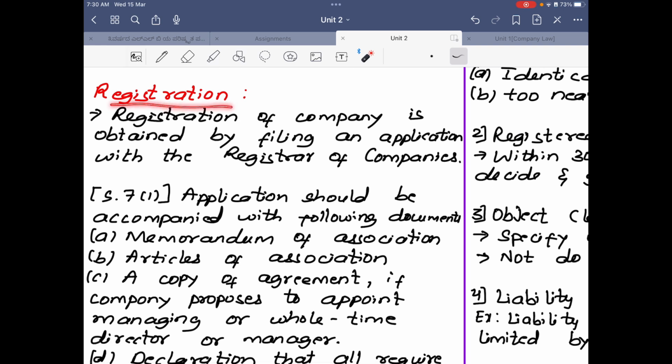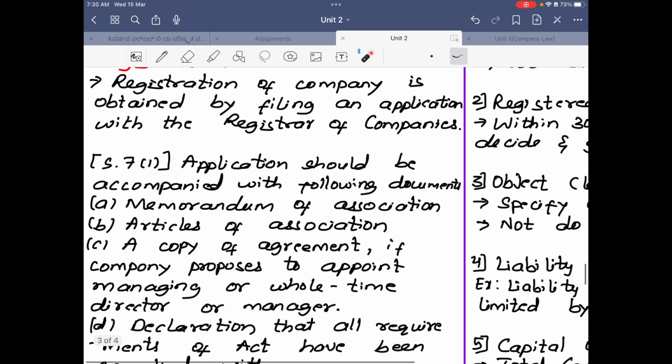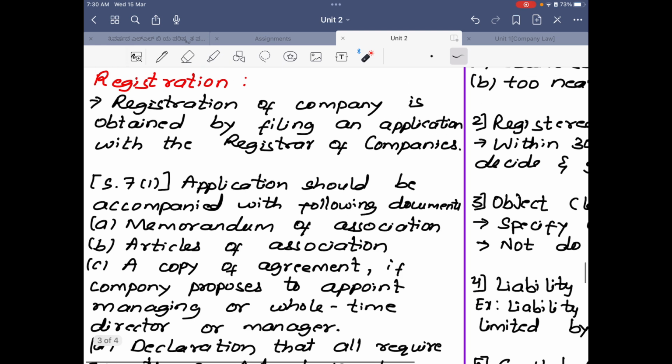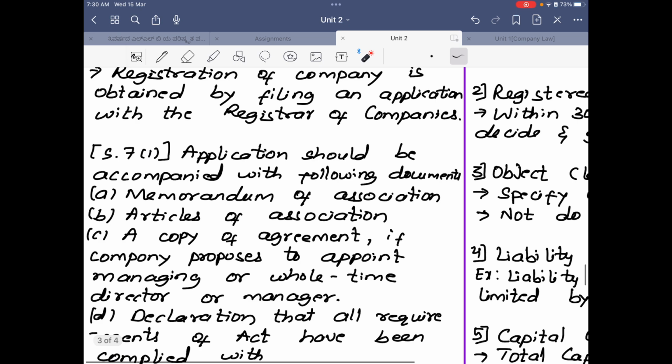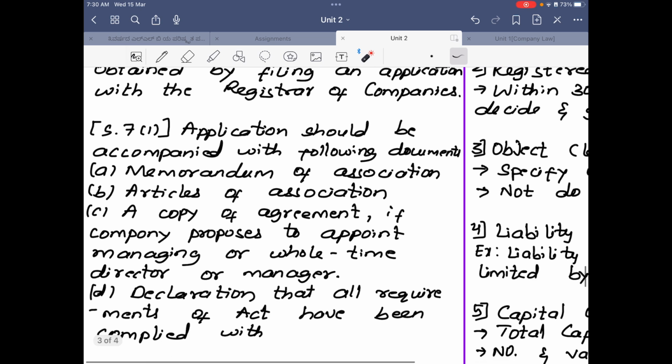Registration of a company is obtained by filing an application with the registrar of companies. Section 7 clause 1 of the 2013 Act says that the application should be accompanied with the following documents. First is a memorandum of association.